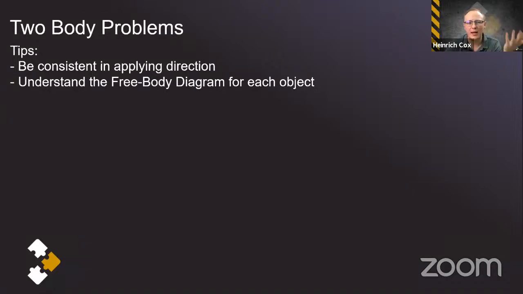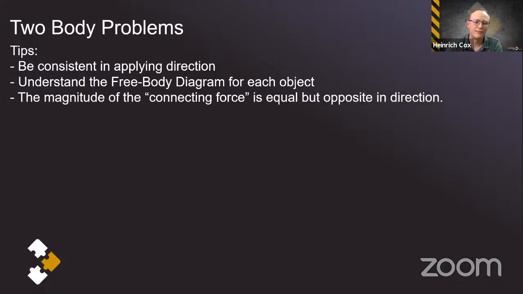So in order to be able to write the F net equals MA equation, you first have to understand what forces are acting on the body. And so the free body diagram is going to be crucial for that. The magnitude of the connecting force is equal but opposite in direction. Now, the connecting force, what I mean by that is either tension, right, or whatever it is that connects the two objects. Sometimes it's just the two objects pushing on each other.